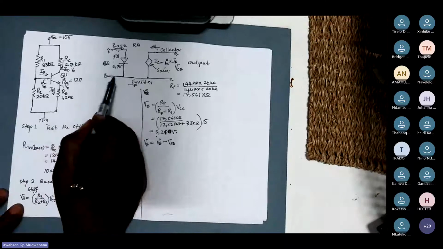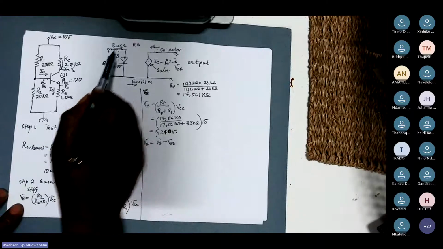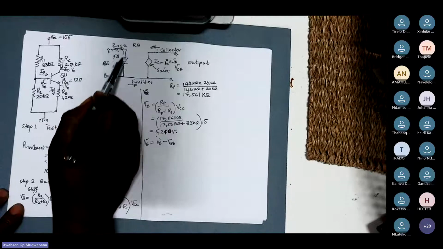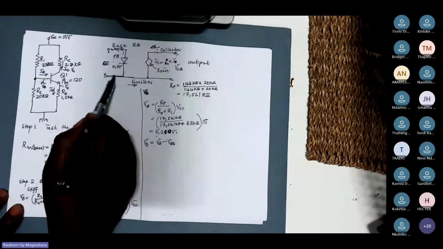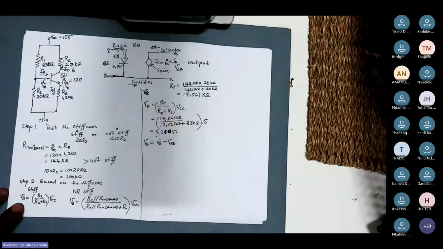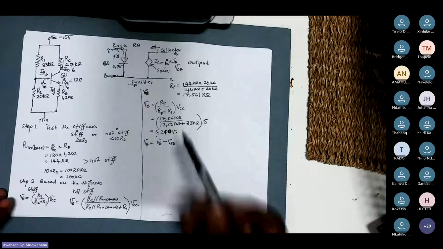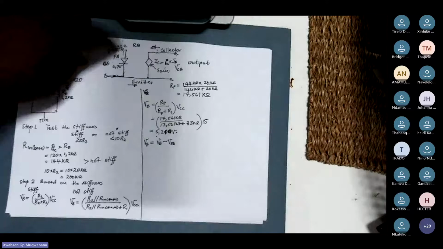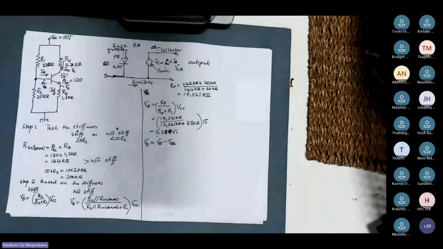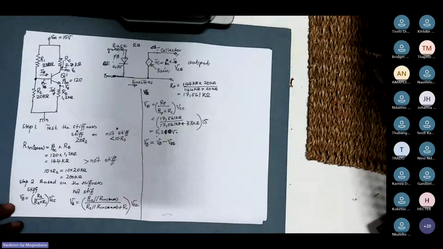Remember, you have got the base voltage, which means now your current is flowing in this direction. With the emitter voltage, it is the base voltage minus the diode voltage, which gives you the emitter voltage at that point there.